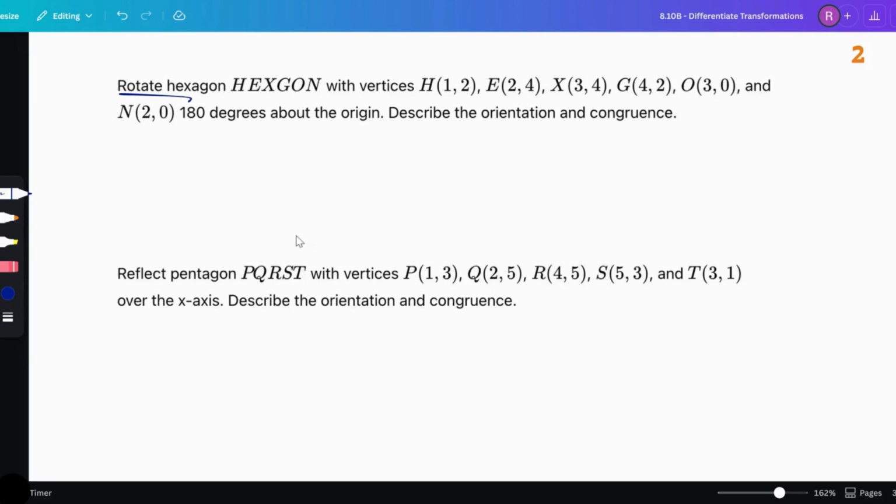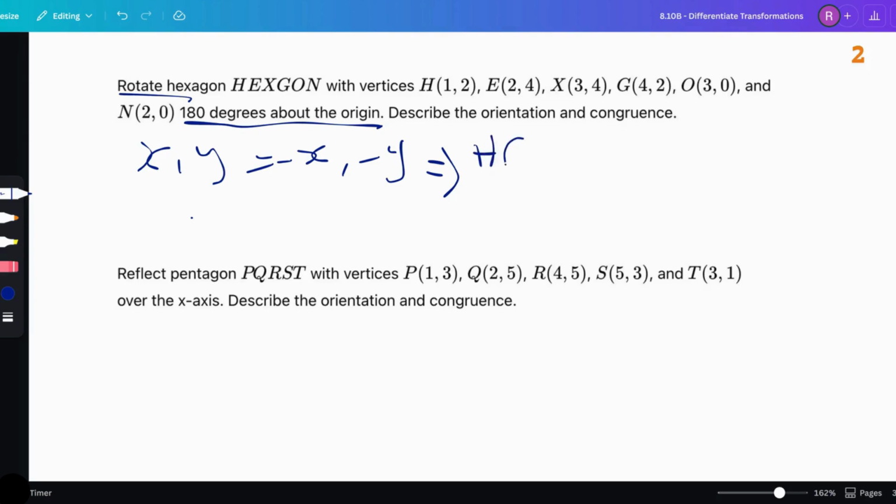So we are to rotate by 180 degrees about the origin. When you rotate by 180 degrees, both signs will change. X comma y becomes negative x comma negative y. That is for 180 degrees rotation. You might want to watch the last video.